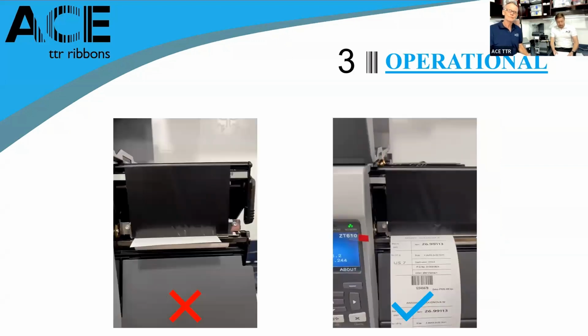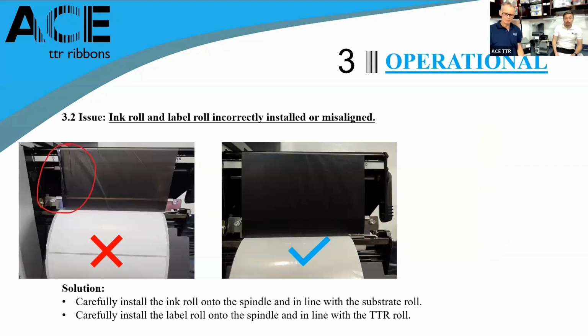Yes, next slide, please. And I would like to talk about a very simple issue, but it happens very often, so we also have to cover it. So when the ink roll or label roll is installed incorrectly or misaligned, as you can see, there are two pictures here. Of course, one is incorrect and one is correct. As you can see, the difference is that on the incorrect one, the ink roll, the TTR roll, is not installed correctly and it's not in line with the substrate. So it's actually crumpled.